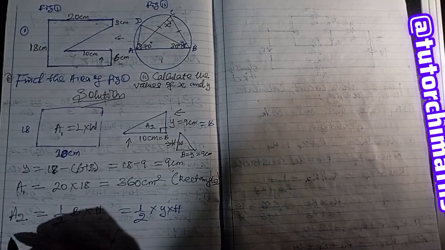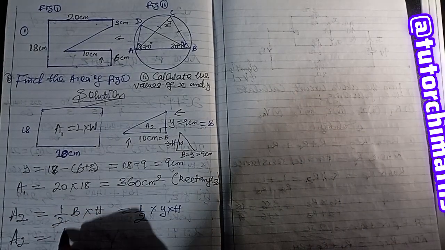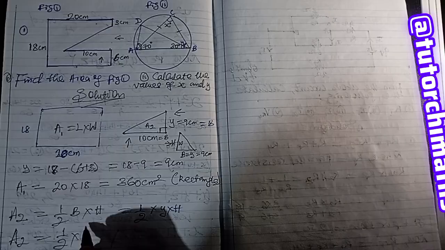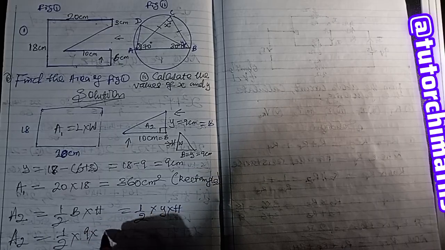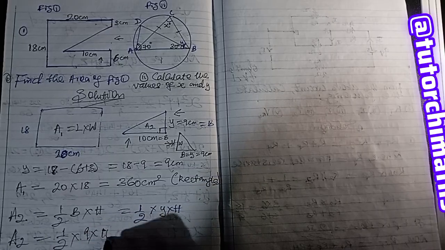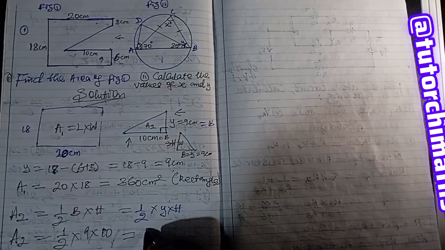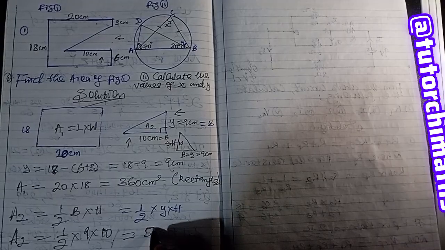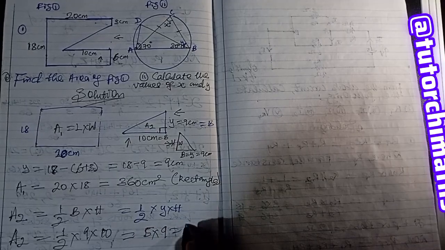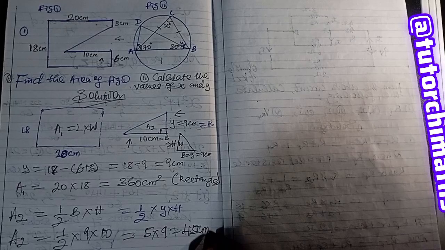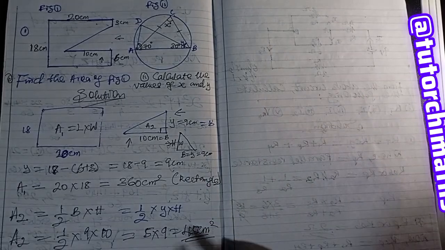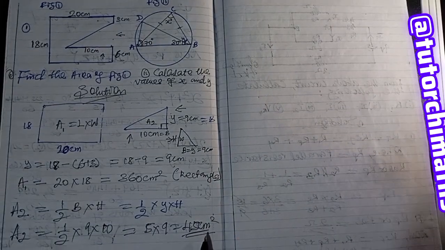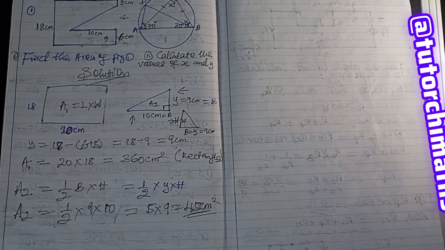So area 2 will now be 1 over 2 multiplied by 9 multiplied by 10, which is the same as 5 times 9. You have 45 cm square. So anyhow you solve it, you still have 45 cm square as area 2.